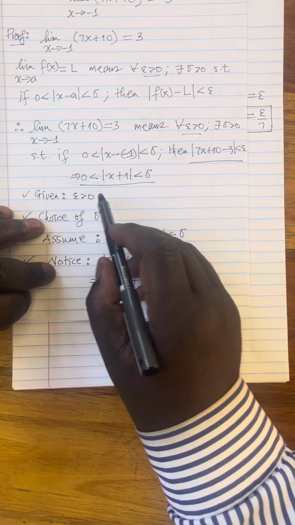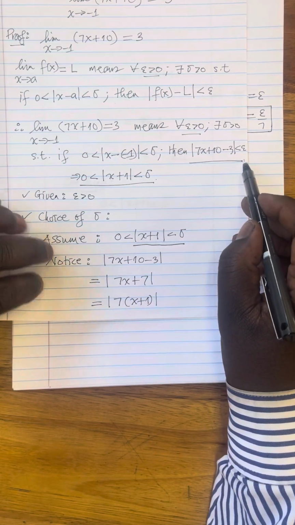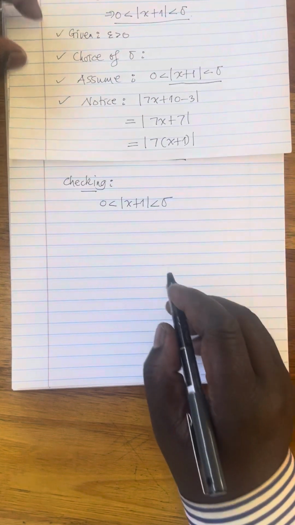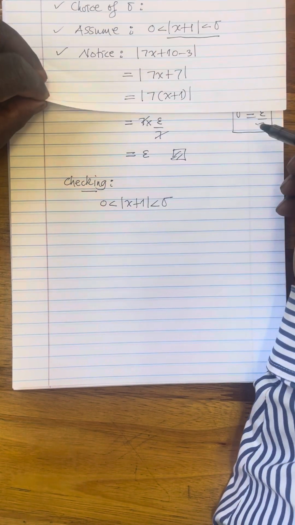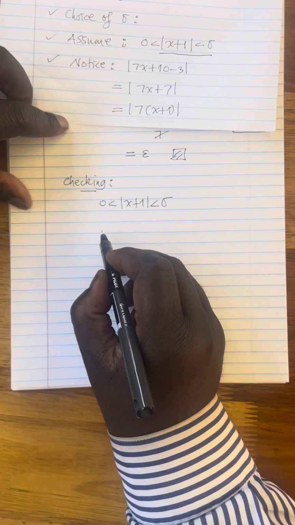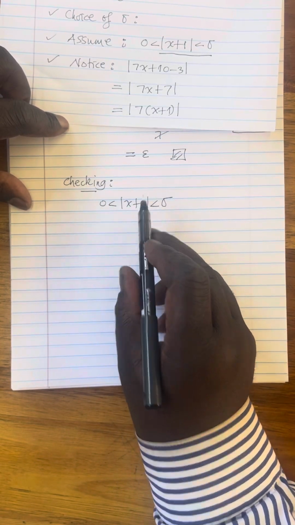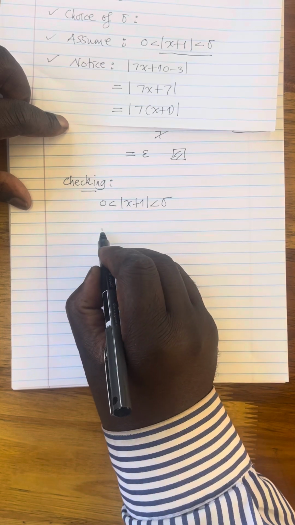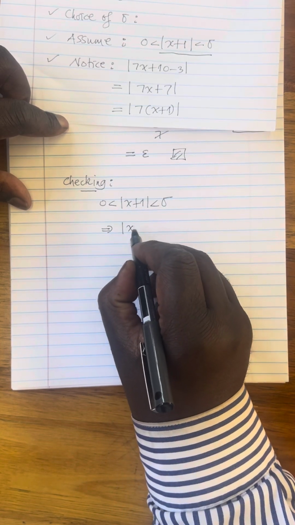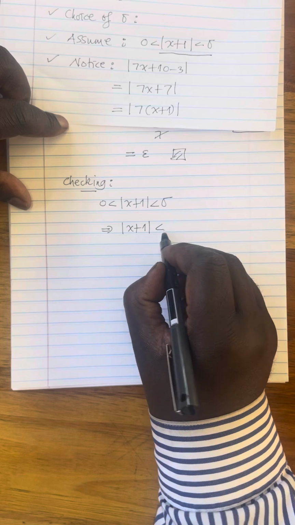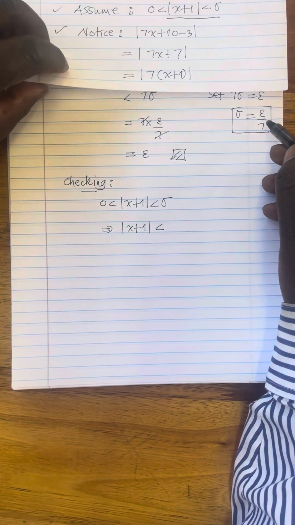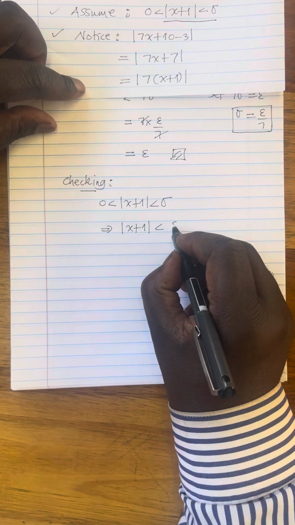In other words, if this is true, then that should automatically be true. So let us put our choice of delta in that place. So this is distance, remember, this is distance. And distance is always positive, so we can ignore the first part here. So we'll say this implies that the absolute value of x plus 1 is less than our choice of delta, which is epsilon over 7.